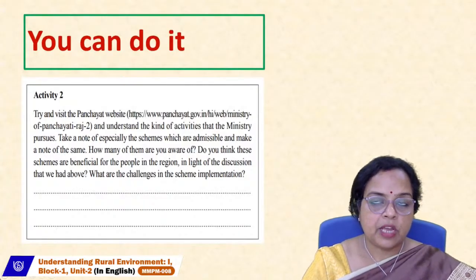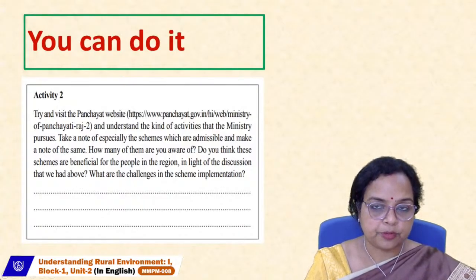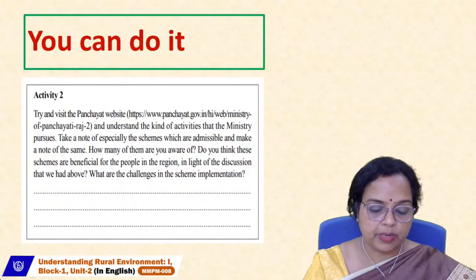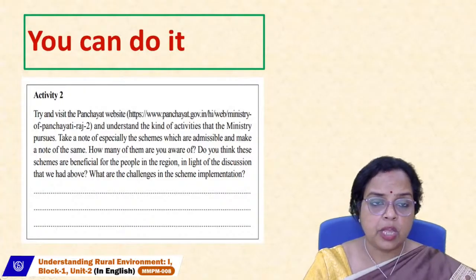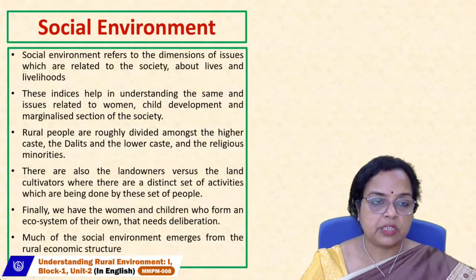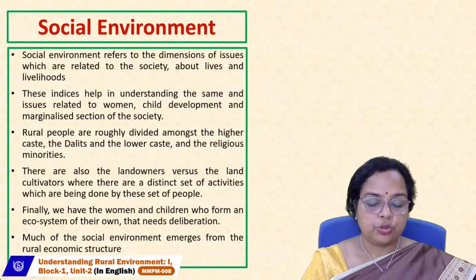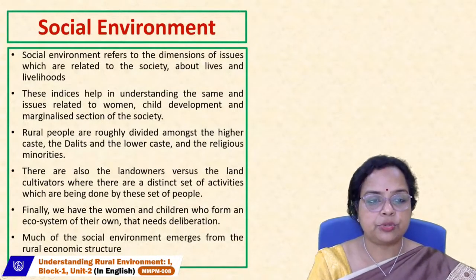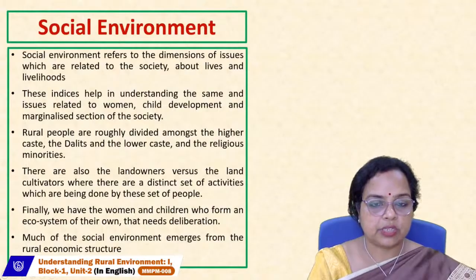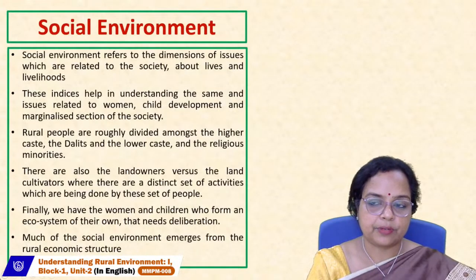By these slides, we have understood the economic flow in the rural belt. We have understood the political environment also. Now we are going to understand the social environment. Social environment refers to the dimension of issues related to society, lives and livelihoods.